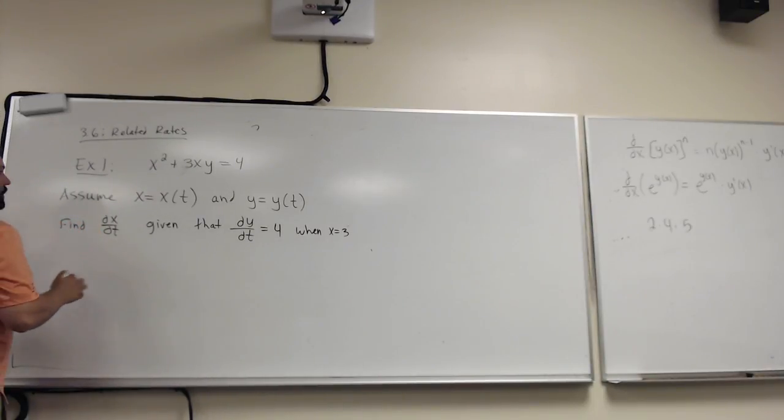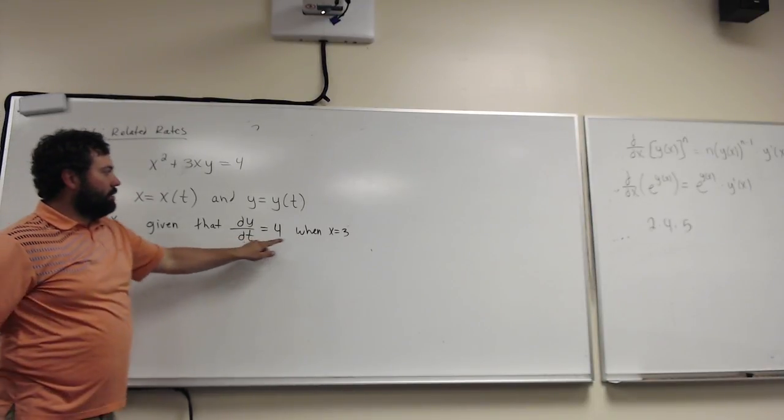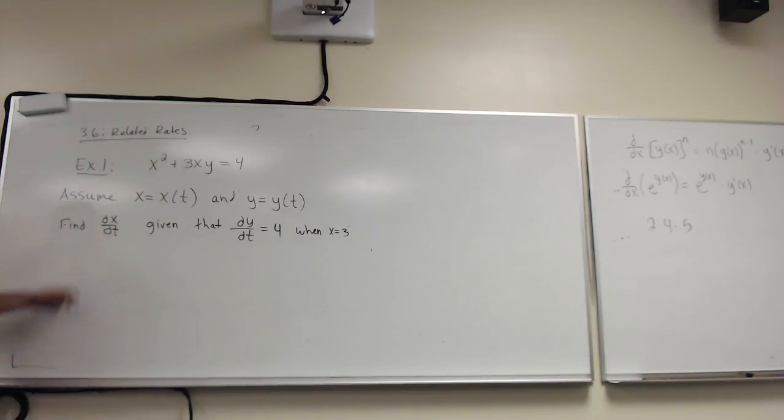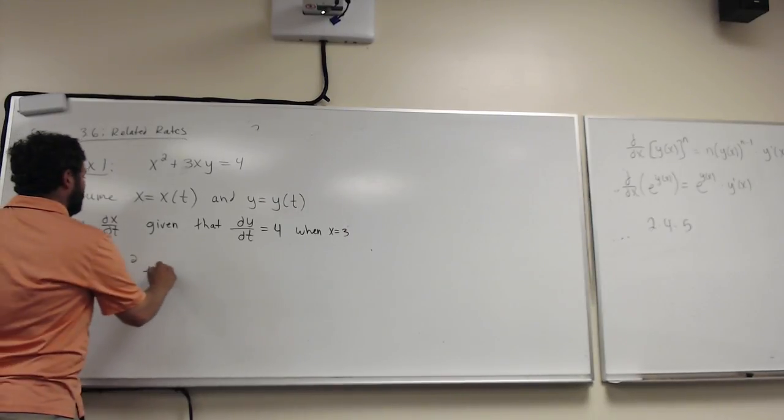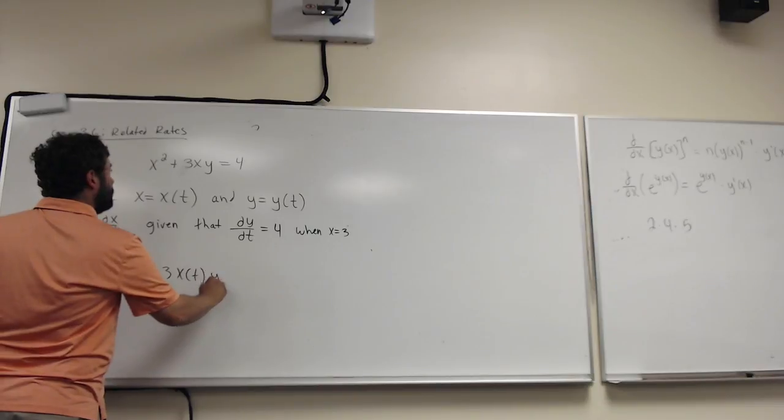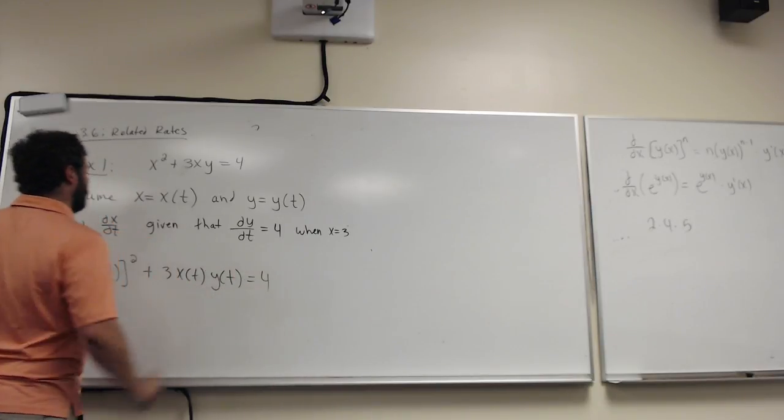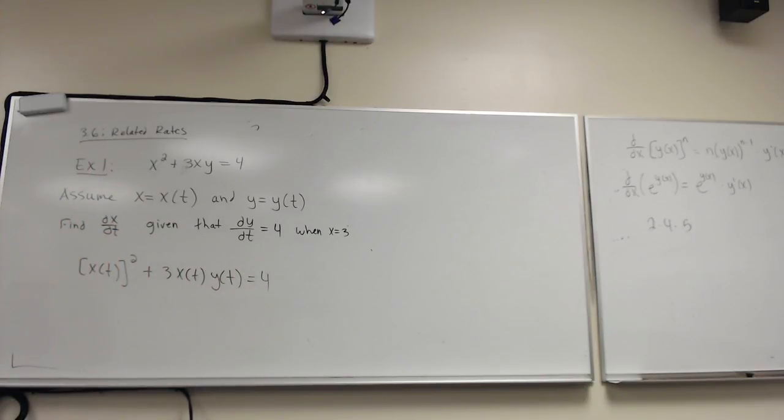Okay, so we have a given rate at a particular x value, and we're trying to find how much x is changing with respect to time. So I'll write x of t squared plus 3x of t y of t equals 4. And again, the only reason I'm doing this is I got to bring the t's in so you kind of see what I'm doing.